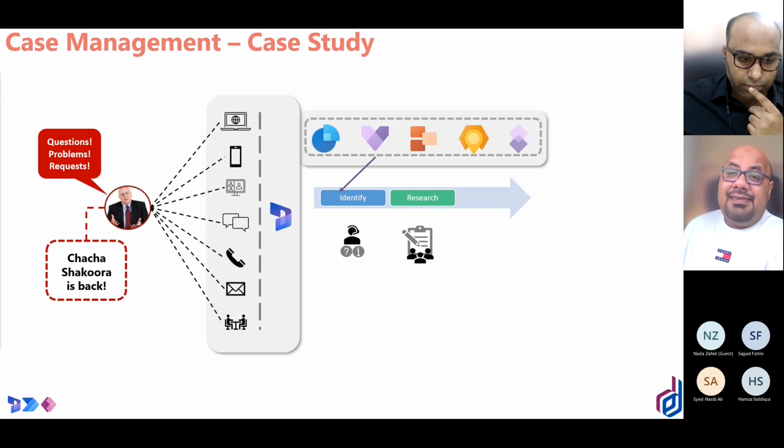It might be within the scope of his work, or another department may have to take care of it. So the second part is the research, where he collaborates, acts or responds back, and in the meanwhile also investigates the issue.